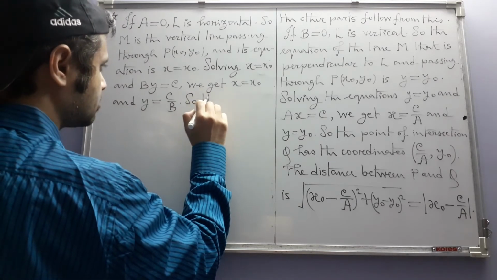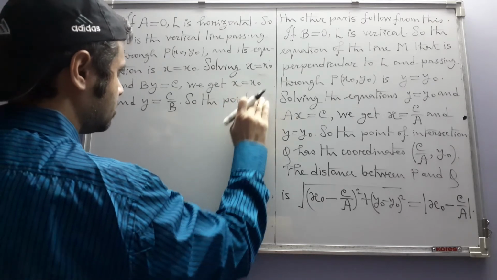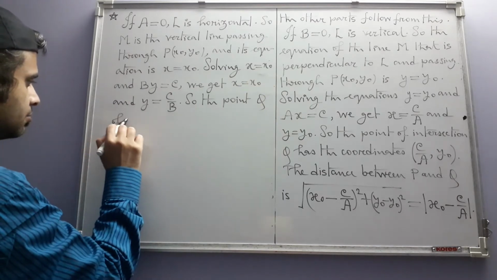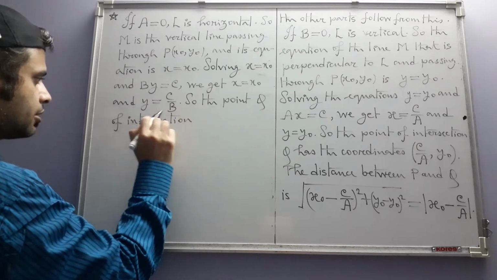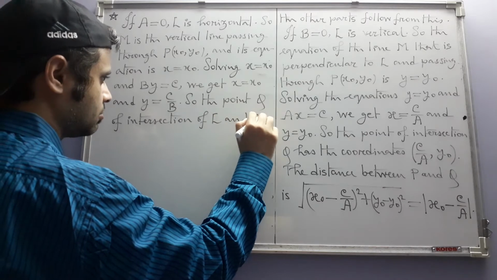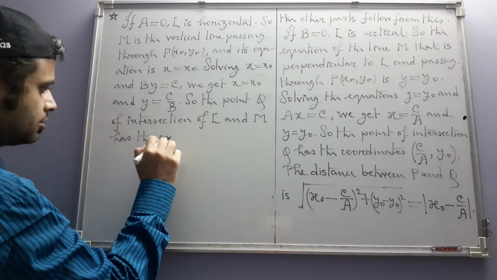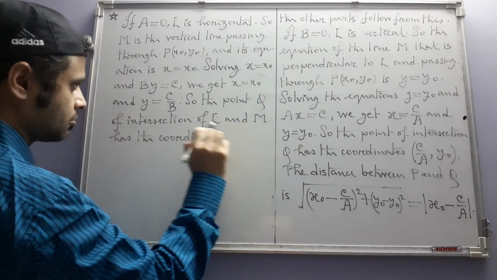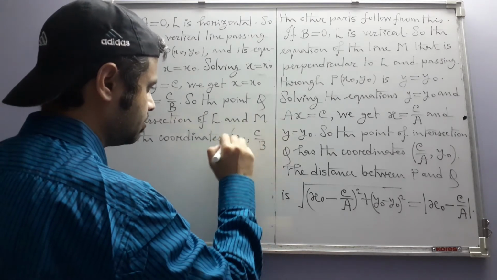So the point Q of intersection of L and M has the coordinates x naught comma c divided by b.